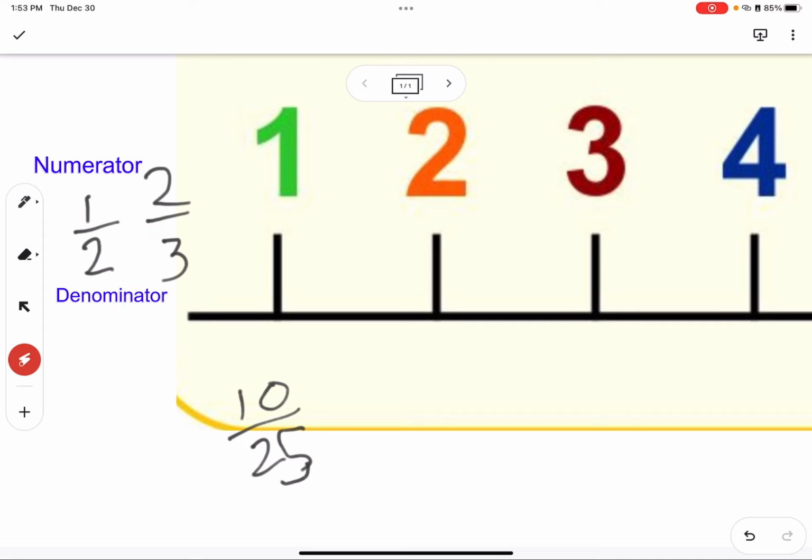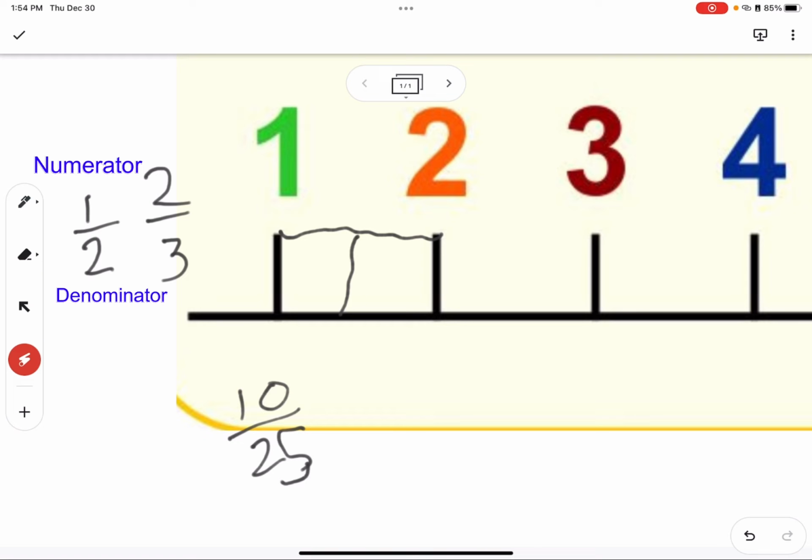We know that the whole is divided into two equal parts, so I'm going to divide that. Now, what does the numerator mean, the top number? Here it says that the whole's been divided into 2 parts. So I'm looking at 2 parts here. What the numerator tells me is how many of these parts I actually have.